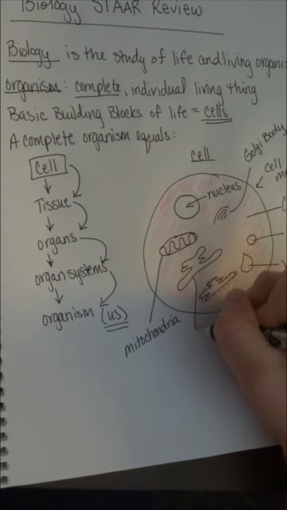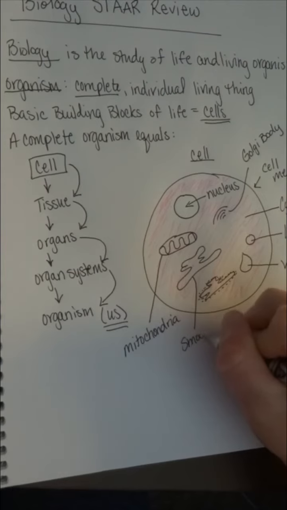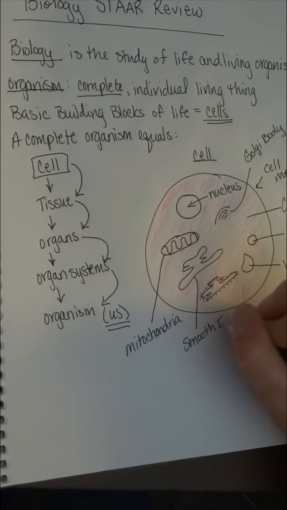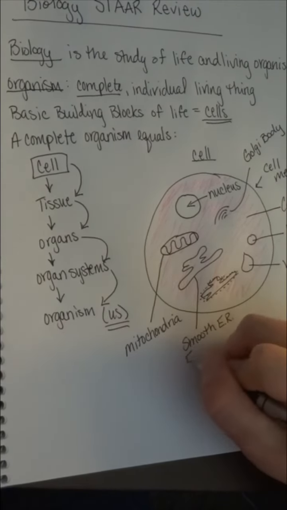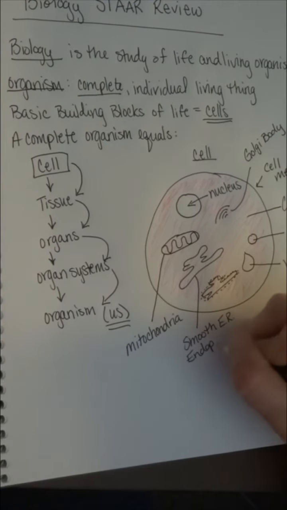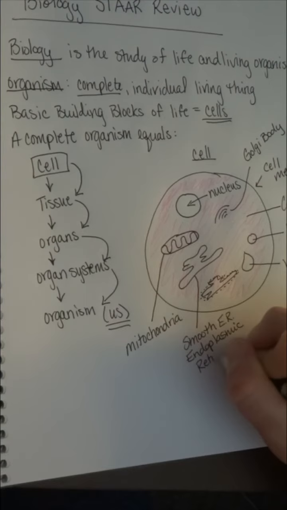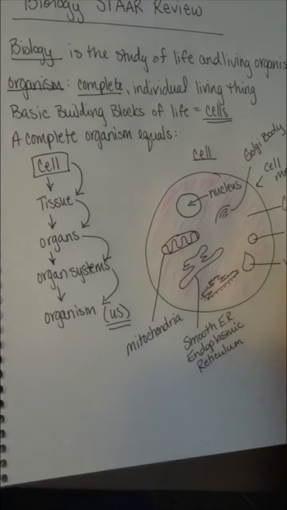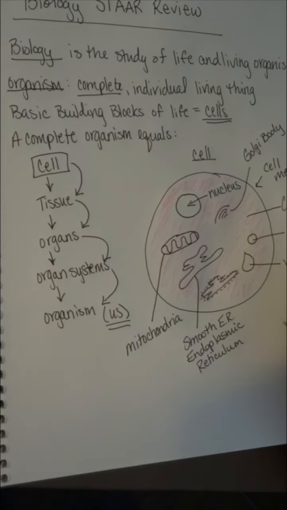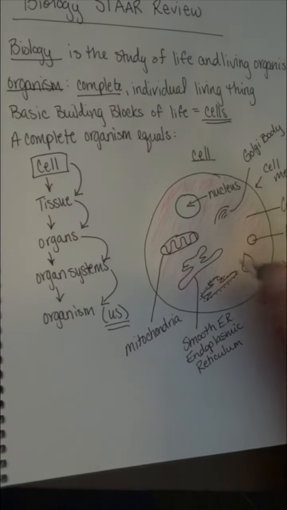And we also have our smooth ER. ER stands for endoplasmic reticulum. And this smooth ER creates certain substances. This one does our carbohydrates and lipids and things like that.